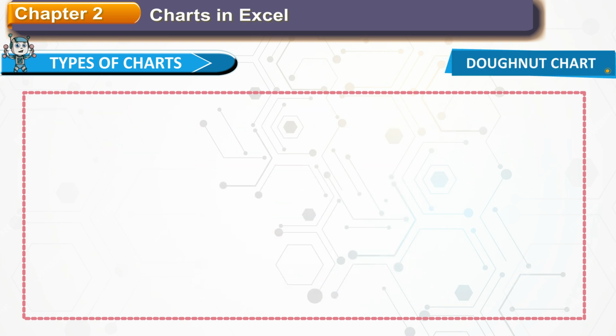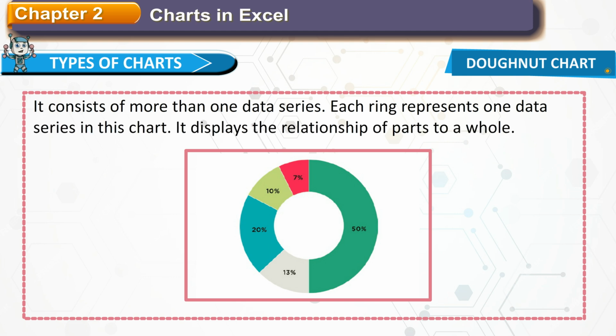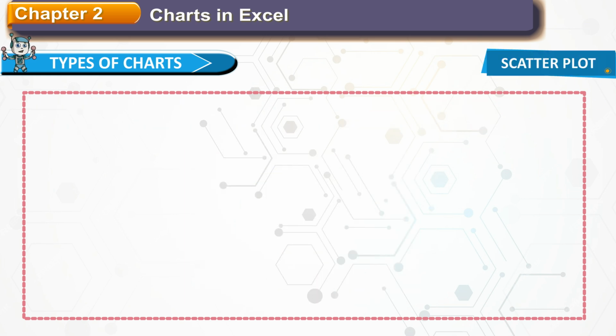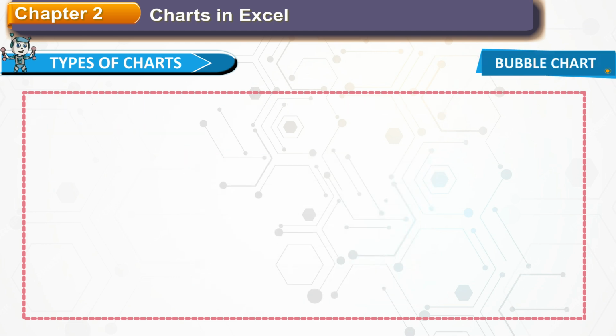Donut chart. It consists of more than one data series. Each ring represents one data series in this chart. It displays the relationship of parts to a whole. Scatter plot. It shows the relationship between two sets of data points, useful for identifying correlations. Bubble chart.